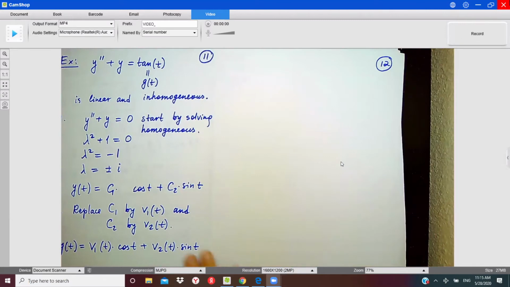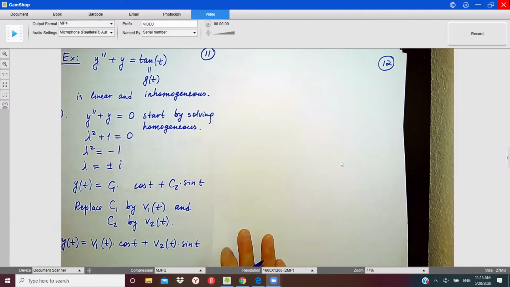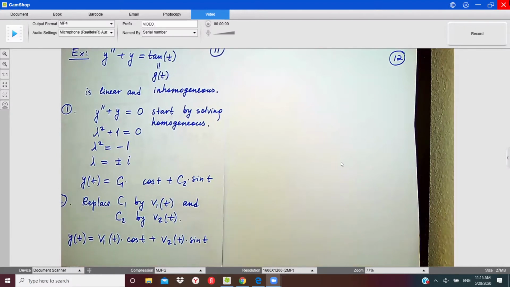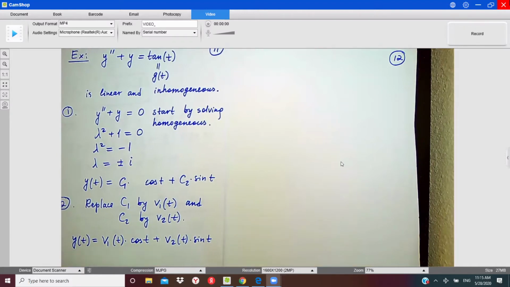Any questions? Again, this method was discussed in the beginning of this course when we talked about linear differential equations. So again, replace the constants of integration, C sub 1 and C sub 2, by functions. That's all we have to do.